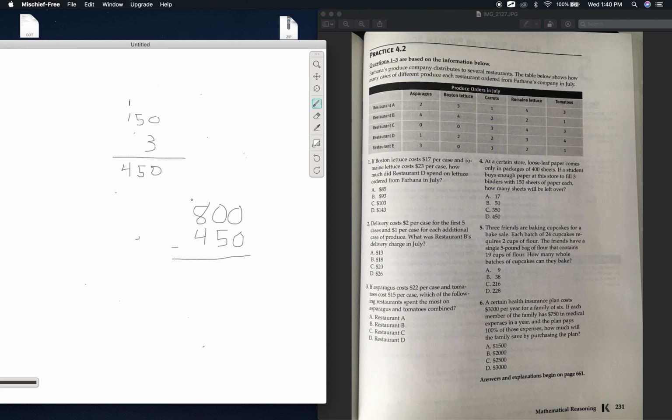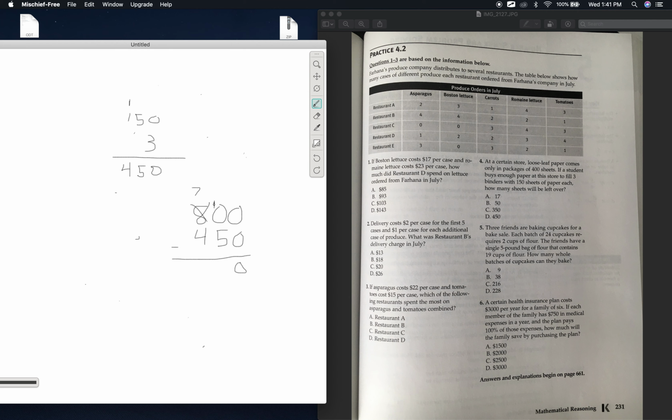So let's do this. 0 minus 0 is 0. 0 minus 5 doesn't work, so we'll make this a 7. Borrow 1 from the 8, make it 7. Then we make this a 10. I used to do it like this, just add a 1 here and know that this is the 0 for the 1.